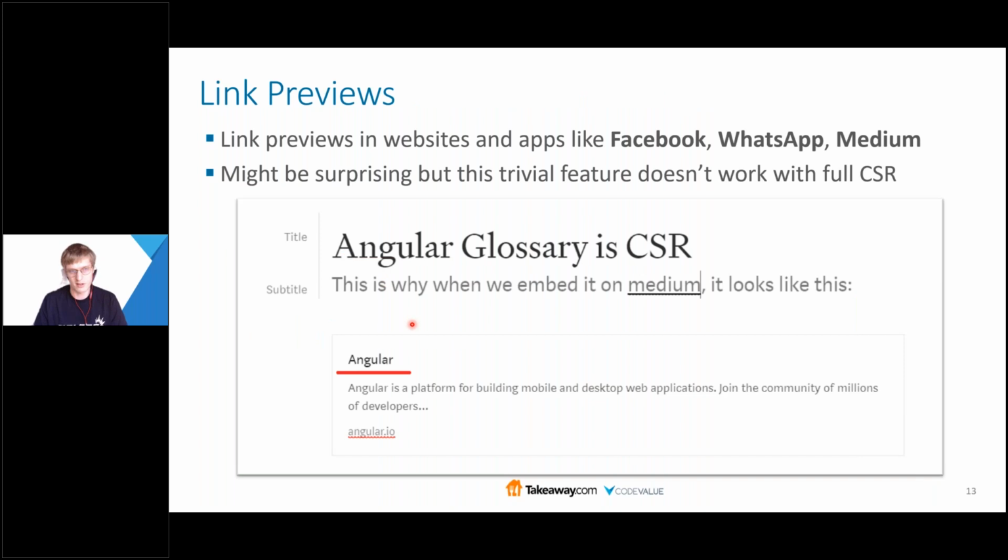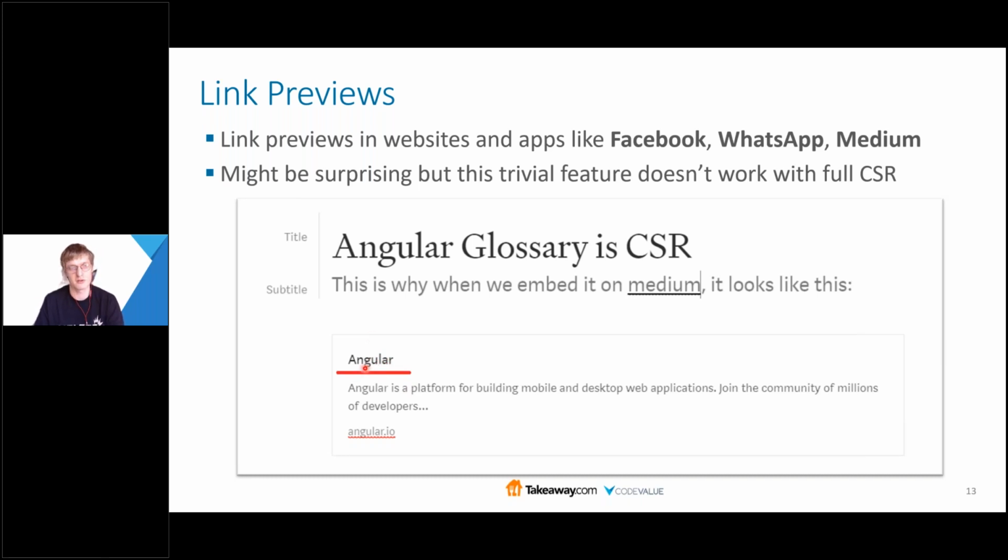Now, link preview is what happens when you paste a link into one of the many platforms that you use every day. For example, here in medium.com, I pasted the AngularIO/glossary, but it doesn't show me specific content for the glossary.